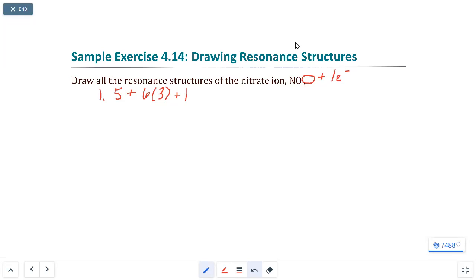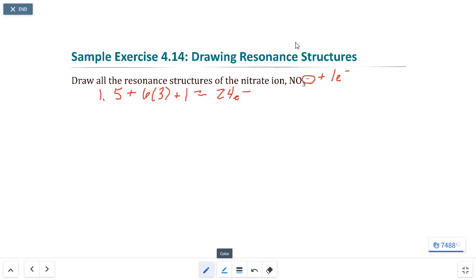So when we are dealing with charged compounds, we can either add that charge to the total if it's negative, or we can subtract that charge from the total if it's positive. In this case, it's negative, so we're going to add that -1 charge. 24 electrons is going to be my amount here.